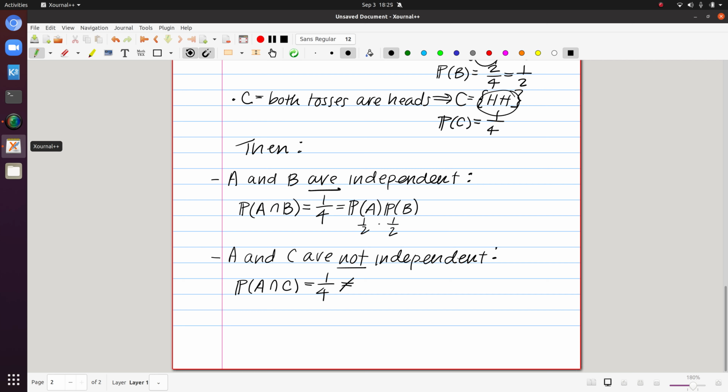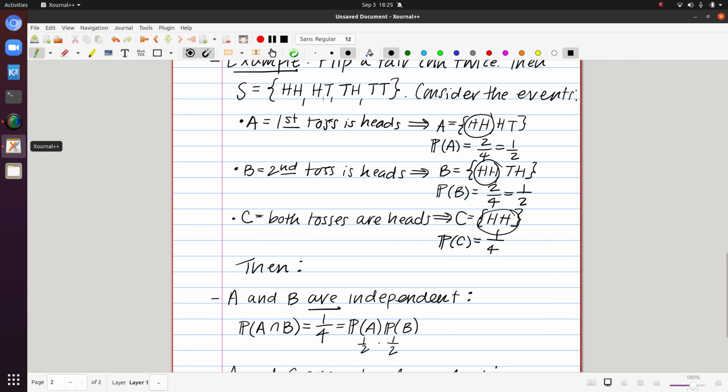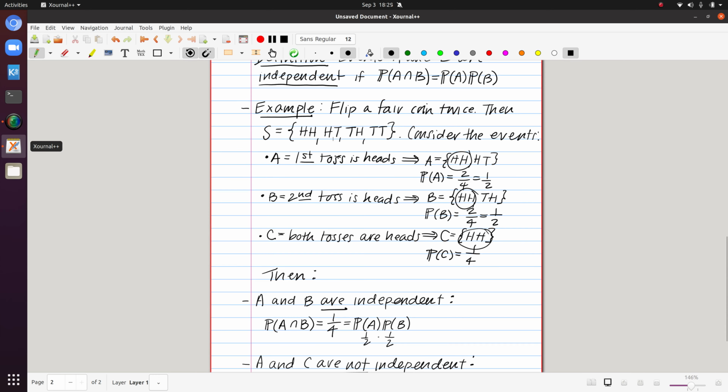That is not equal to the probability of A times the probability of C, right? That would have yielded 1/8. So by showing that those are not equal, that's enough for me to say that those two events are not independent.